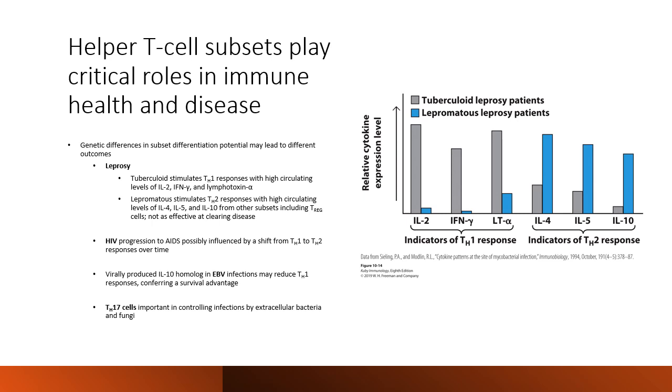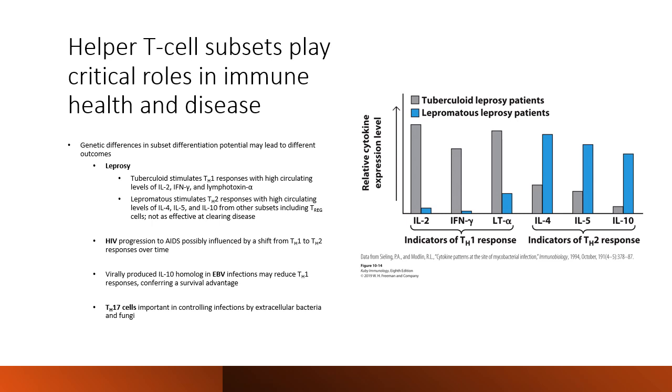Okay, so what we see is a difference in the cytokine responses and in the T cell responses between these two different forms of leprosy. In the tuberculoid version, the milder version of leprosy, we see more production of interleukin-2, interferon gamma, and LT alpha. These are type 1 cytokines.